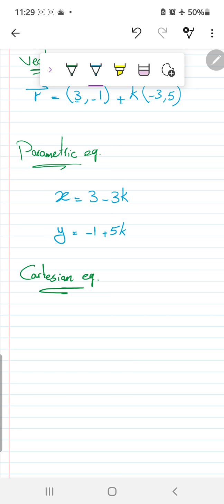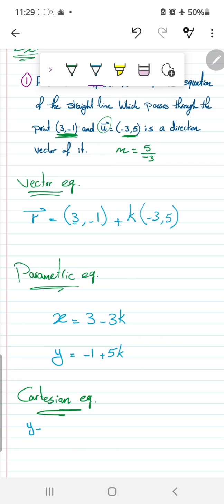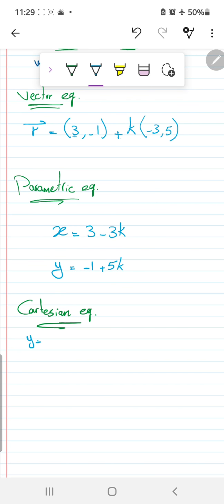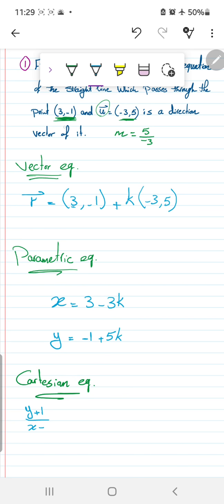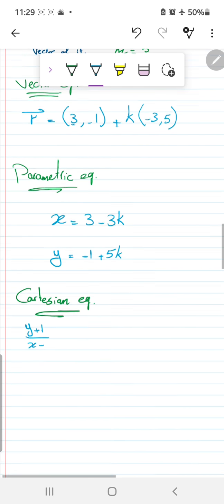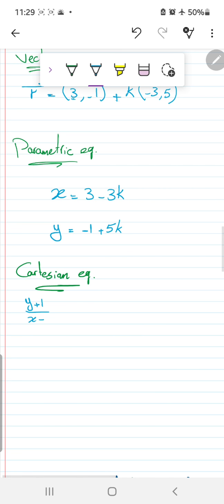Here, the Cartesian equation or general form will be y minus y1. As we said, y1 here is negative 1. So y minus negative 1, it will be plus 1, over x minus x1. X1 here will be 3. So x minus 3 equals the slope.